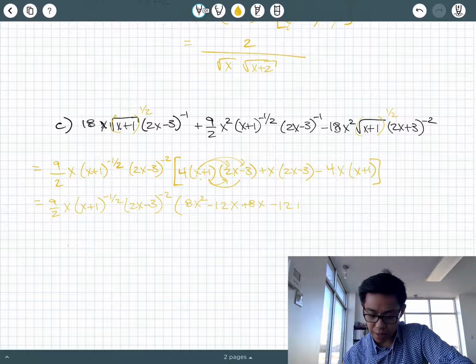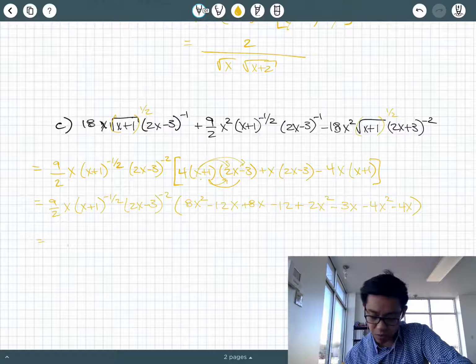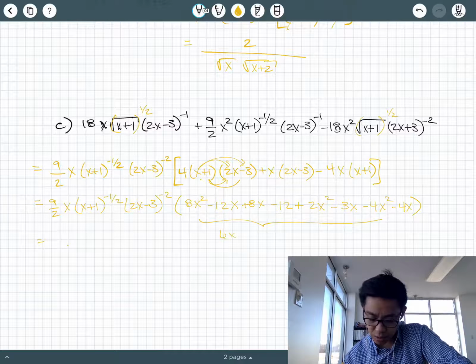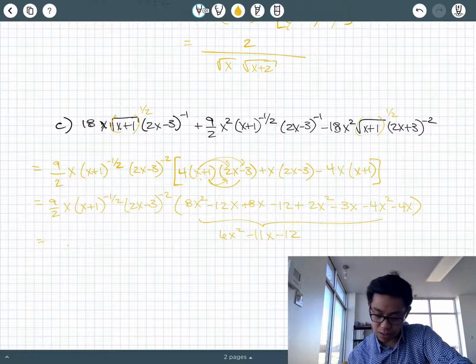You'll get a plus 2x squared minus 3x minus 4x squared minus 4x. When you simplify this, you end up getting a 6x squared minus 11x minus 12, which lucky for us doesn't factor. So that's going to go in the place of that large bracket.